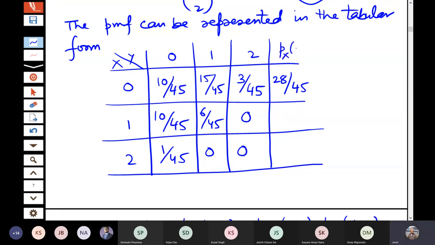So actually the marginal distribution of x can be obtained if I sum over all the values of y. Similarly, if I want to calculate the probability x equal to 1, then that will become 21 by 45. Sorry, this is 16.